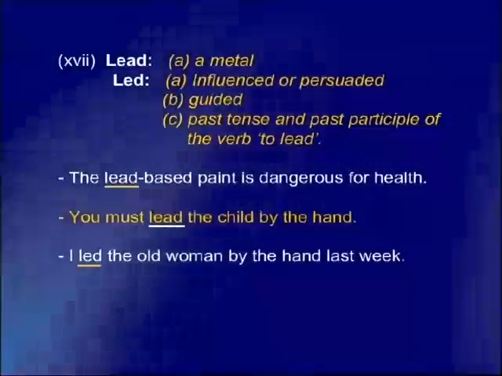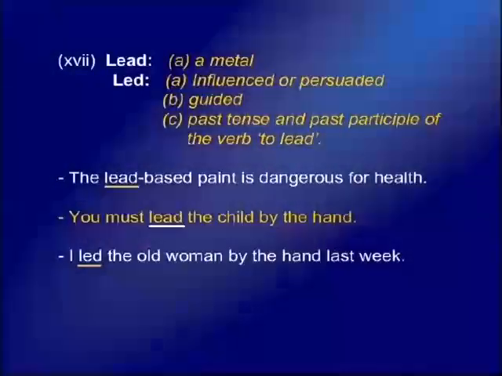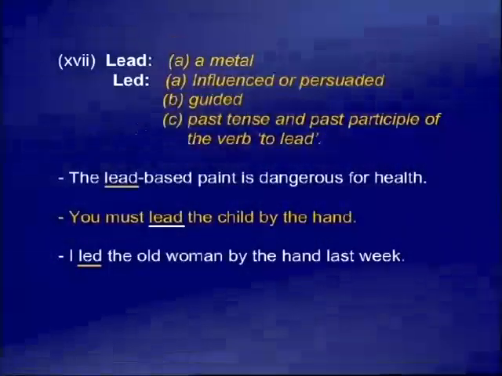Example, the lead-based paint is dangerous for your health. L-E-A-D. The other example is, you must lead the child by the hand. Another example, I led the old woman by the hand last week.